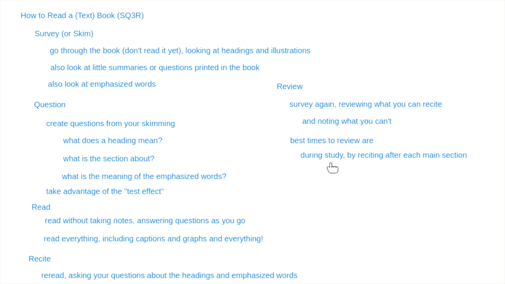And this first recitation, right? Because these are the steps. You've surveyed, you've questioned, you've started reading, you finish a section. And I should have said this recitation, don't wait till the very end of your reading. You might do it at the end of each paragraph even, right? But certainly every section with a header. You pause and you recite, and that really is your first review. You're reciting after you read a main section.